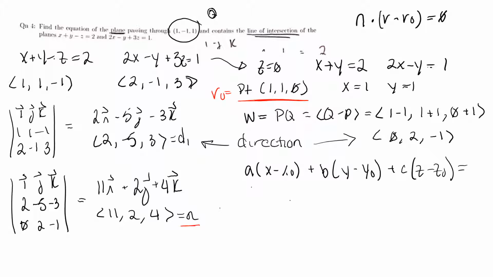We end up getting the equation 11(x - 1) + 2(y - 1) + 4(z - 0) = 0.